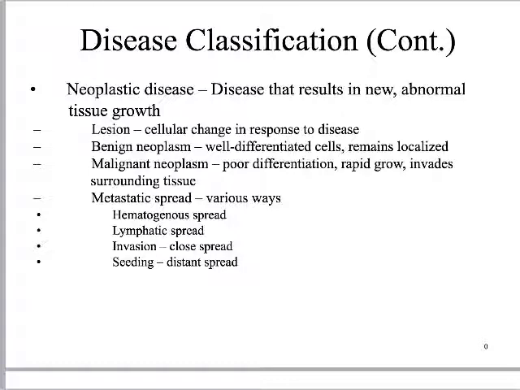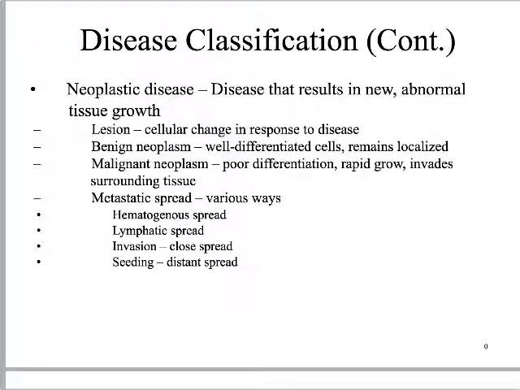The final thing that we'll talk about is neoplastic diseases. That would be anything cancerous, either benign or malignant. We'll lump it underneath neoplastic. Neoplastic means a new thing, right? That could be a lesion, which is just a cellular change due to disease. That lesion might be a benign neoplasm, meaning it stays fairly localized.